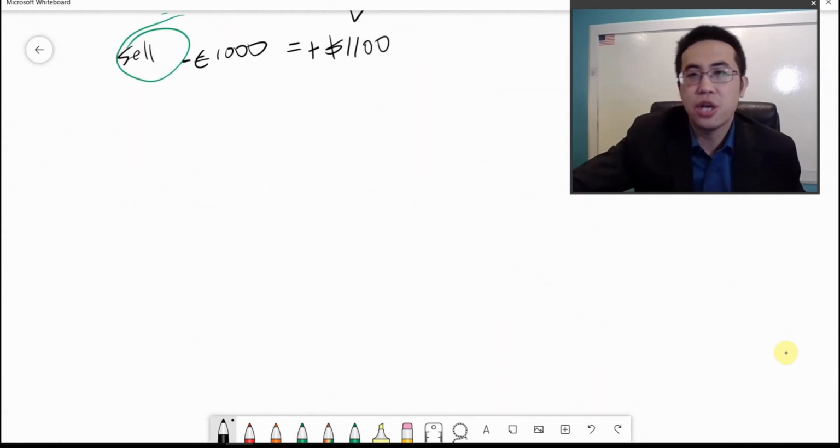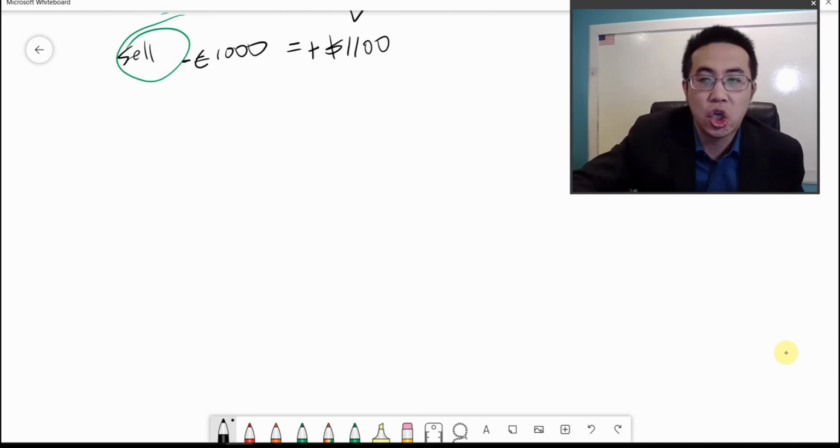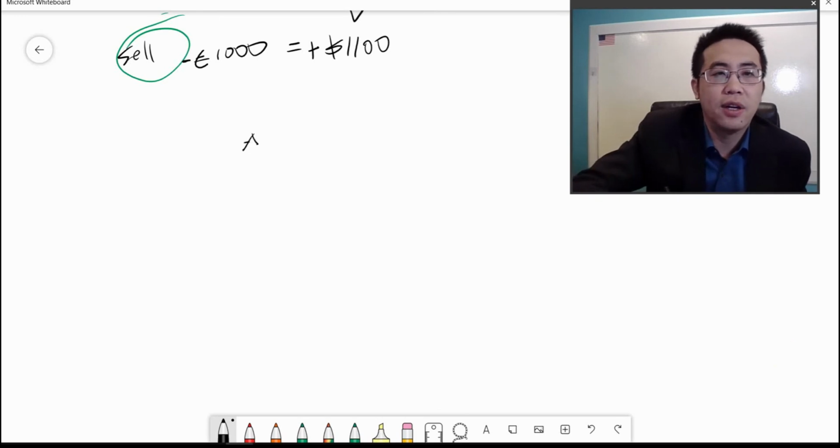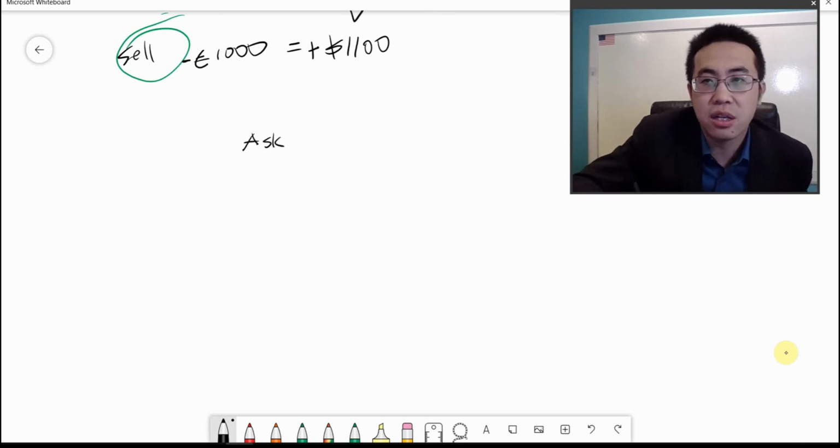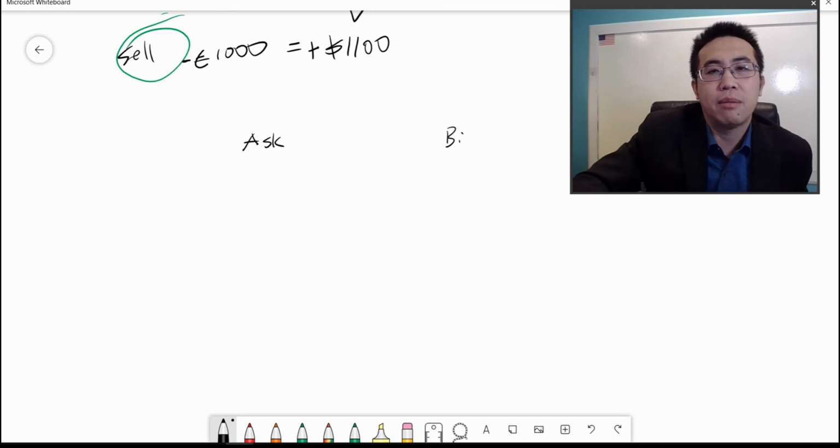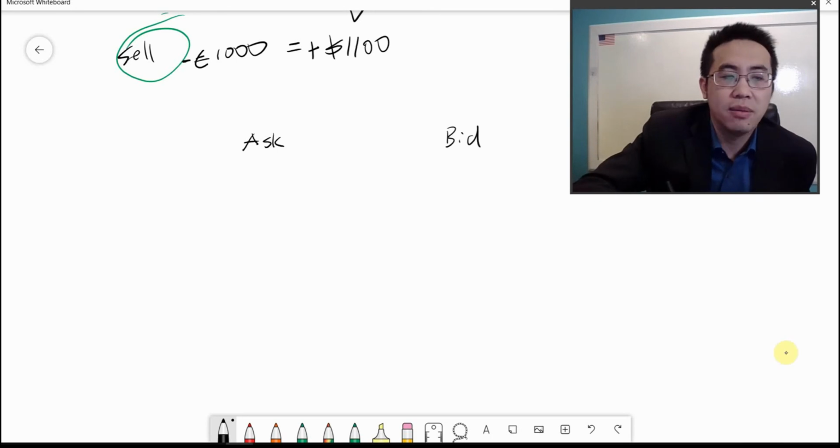If you go to the exchange market, things will be more complicated because there's not just one bank facilitating the trade. There could be many banks and many dealers or even brokers to do the trade. So you will have a lot of ask prices, and you will have a lot of bid prices. The ask is the buyer's market. You are the buyer, and the dealers are actually selling the pounds or euros to you.